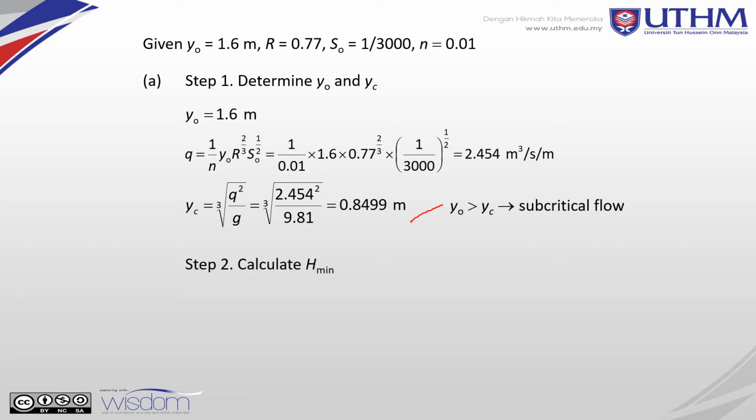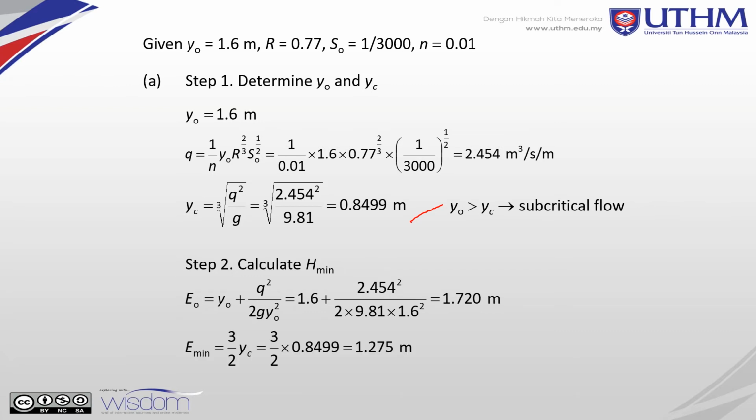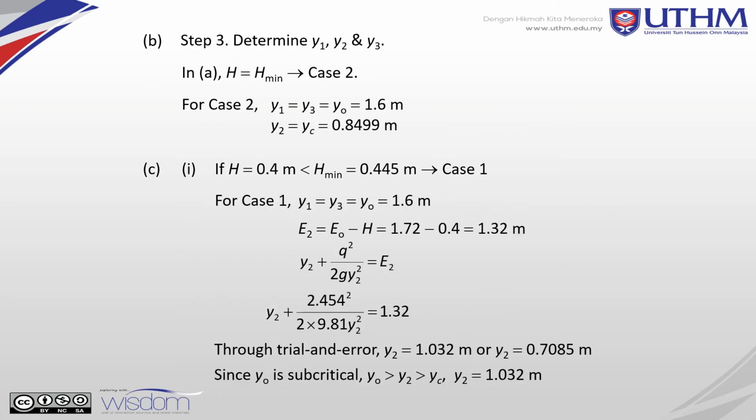Okay, step 2, calculate H minimum using this equation. So you get 1.720 and the E minimum 1.275 meter. And so you get the H minimum is equal to E0 minus E minimum, so you get 0.445 meter.